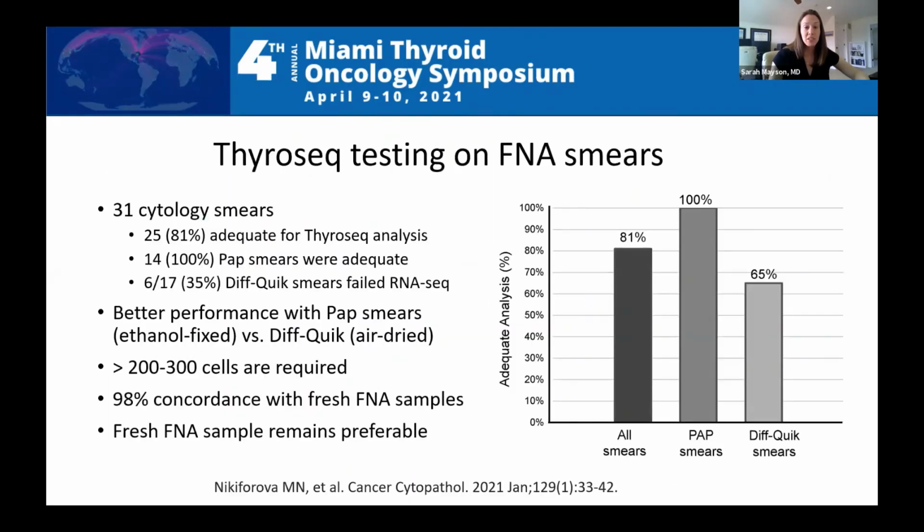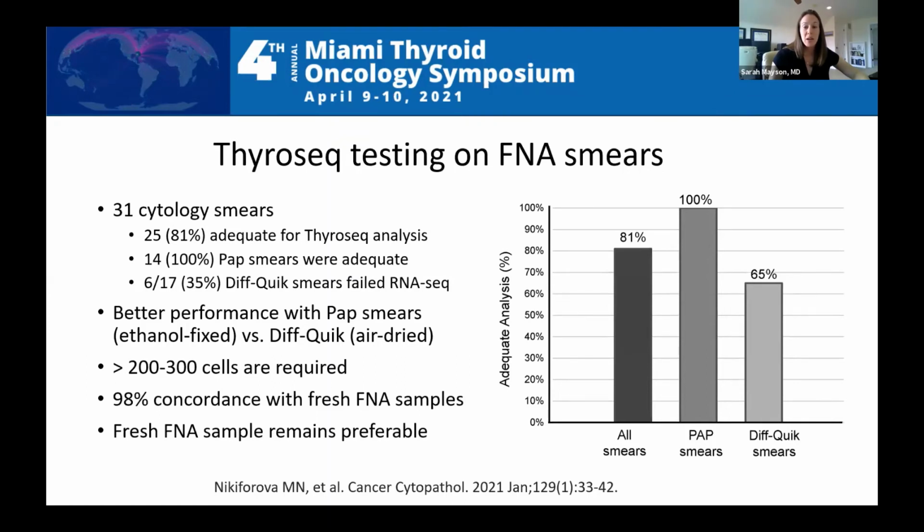I did want to mention a little bit about ThyroSeq testing on FNA smears, which Dr. Nikiforova also mentioned. This was a study which she led where they assessed 31 smears for ThyroSeq testing. This included 14 Pap smears, which are alcohol fixed, and then 17 air-dried Diff-Quik smears.